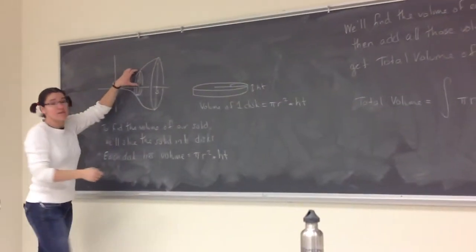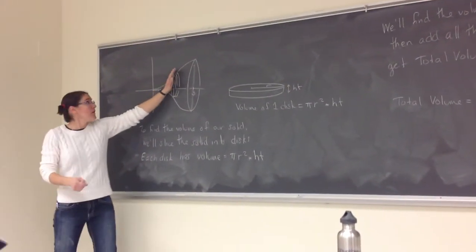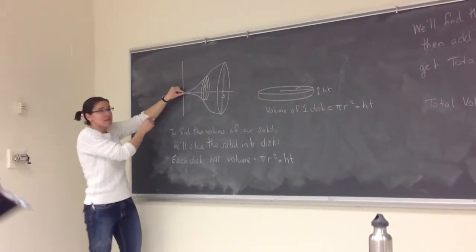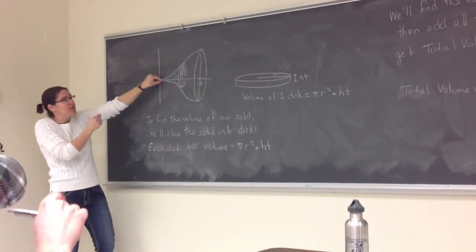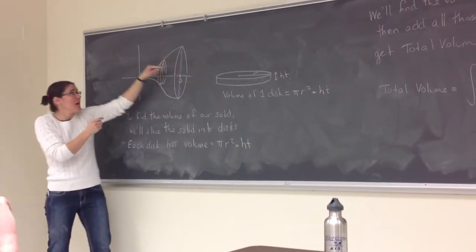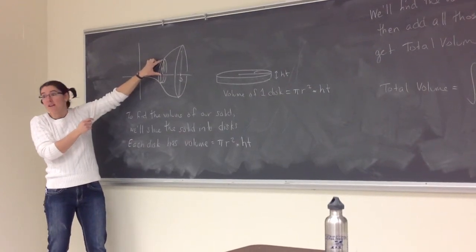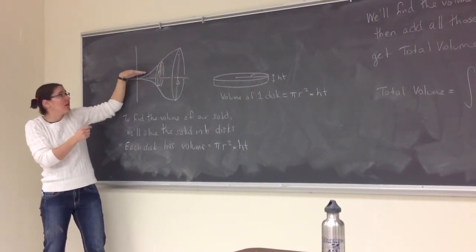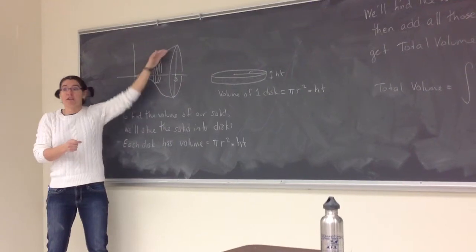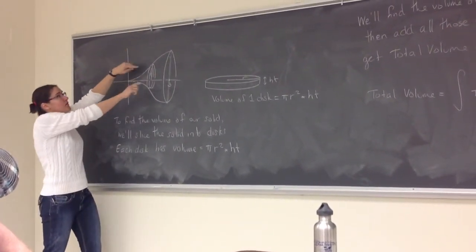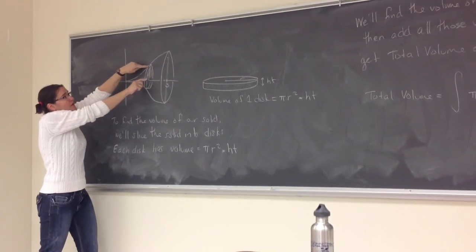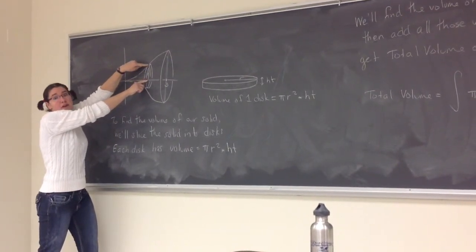And the radius of our disk, well, whether I look at this disk very close to the very tip of your Hershey Kiss, or the disk that's way down here at the base, no matter what, that radius right there depends on that curve that's along the edge. And so our radius is going to start at 0 and go up to our function.